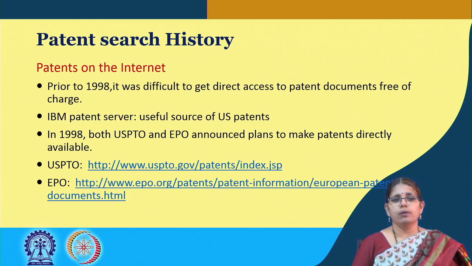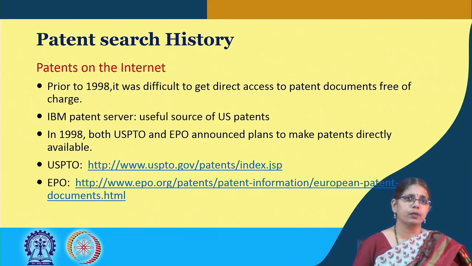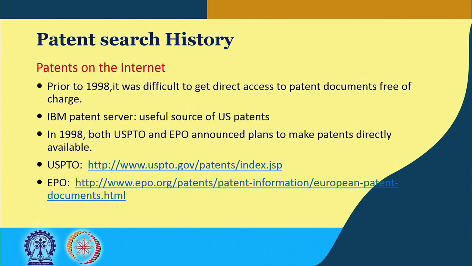And of course, there are also dedicated patent servers developed by IBM for certain patents, particularly US patents, and we today have pretty much the links available on the internet on how to access patents at each different patent office, and many a time today it is a one-stop shop or the first starting point for all people who are involved in search every day. So, what you see here is the USPTO link shown to you and the EPO link shown to you on the screen.